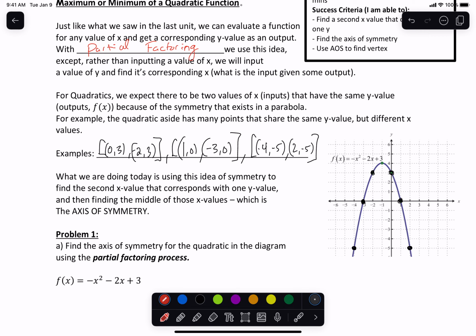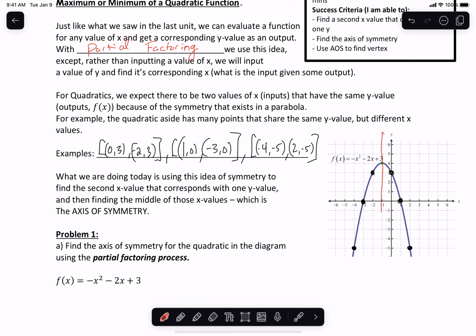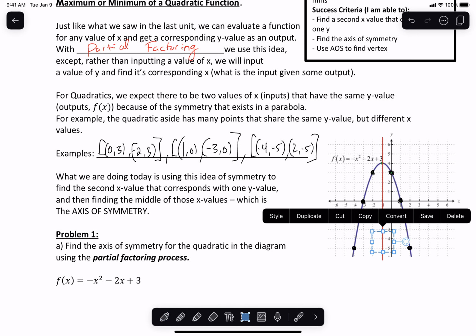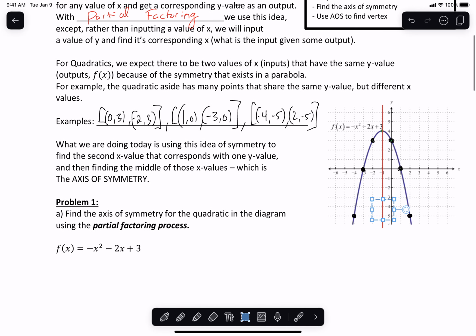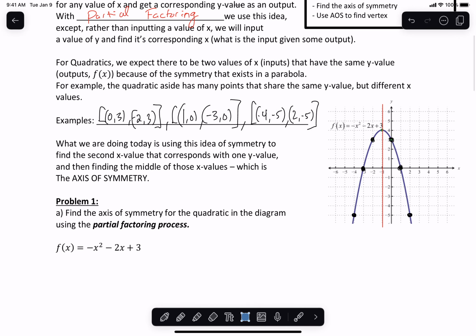I think it's relatively straightforward, but they all have an axis of symmetry in the middle. Each pair has the same distance in the x direction from that red line. Would everyone agree? That red line is what we define as the axis of symmetry. So if I can use that to my advantage here, that's all I'm doing with this.